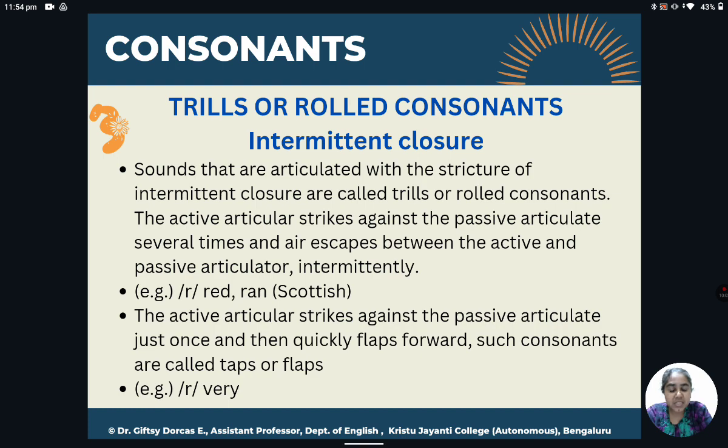Multiple times we see that they roll the tongue and the active articulator hits against the passive articulator. Same thing, when the active articulator strikes against the passive articulator just once, it flaps back. It's called taps or flaps. The sounds that we as Indians produce vary. So it's just one, the r sound just touches and flaps back. So this is about the trills and the rolled consonants.